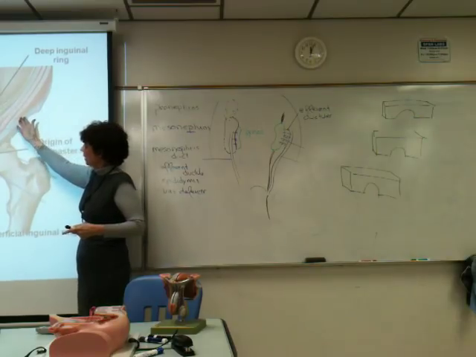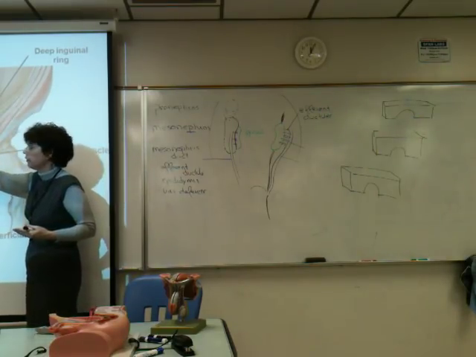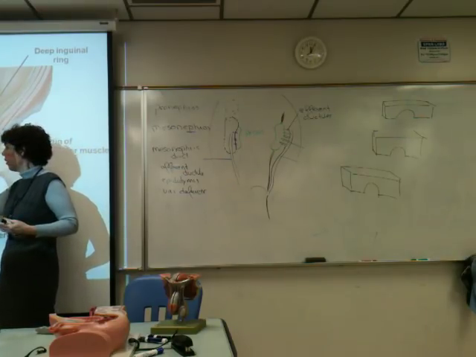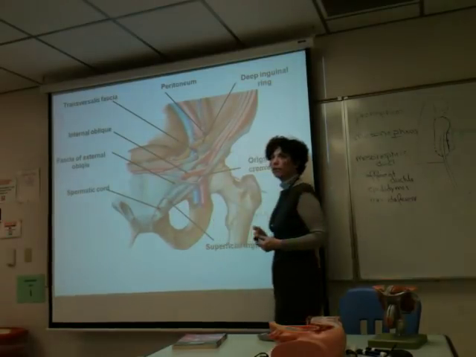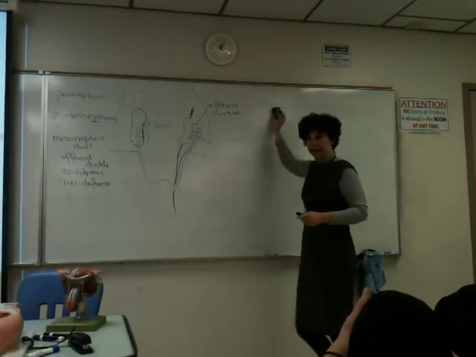That fascia tendon, if you will, comes down and wraps over, forming the roof of the inguinal canal, the floor, and then has the opening in it for the superficial inguinal ring. That fascia is identified as the external spermatic fascia.